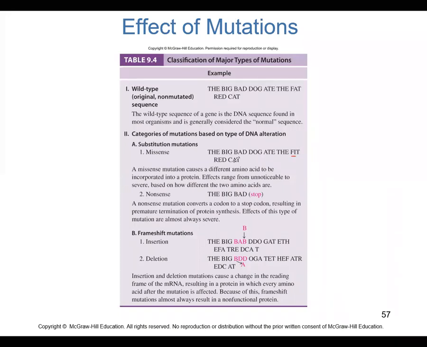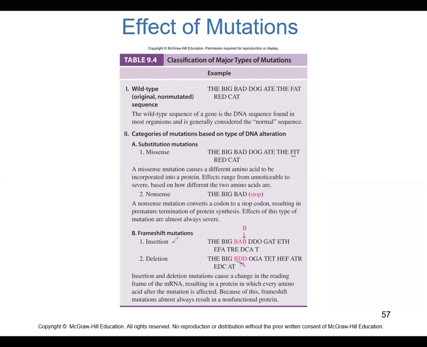So now it changed the protein, the product that came out of it, with that one change. But the length stayed the same. A nonsense is where it changed what would have been dog to a stop codon, so it stops. So now you've changed the length of your protein, and it's not going to be effective. This is most likely going to be a negative change.